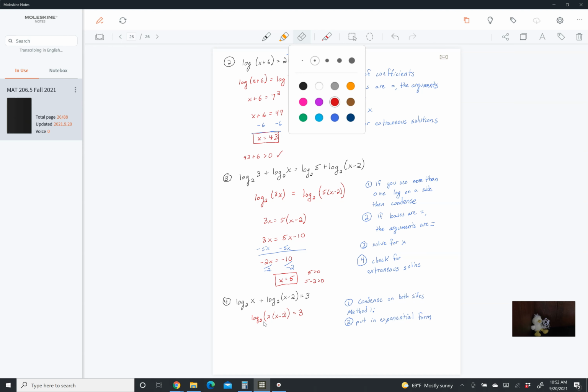So we have 2. The purpose of a log is to solve for an exponent. So our exponent is 3, and this is equal to x times x minus 2. And from here, let's just simplify this. So 2 to the third is 8, and x times x minus 2 is x squared minus 2x.